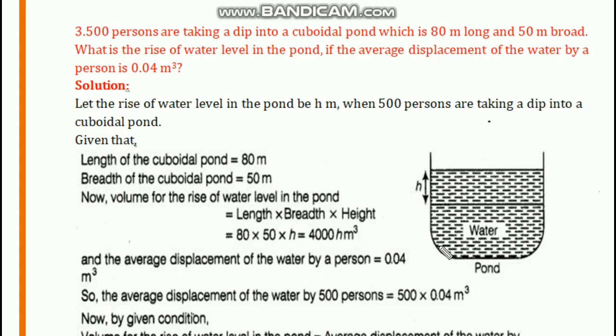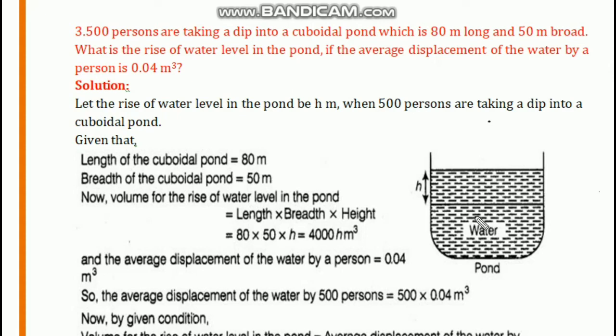So we know that the length of the pond is 80 meter and the breadth is 50 meter, but we need to find out the height. Okay, here see this, the volume of this pond.